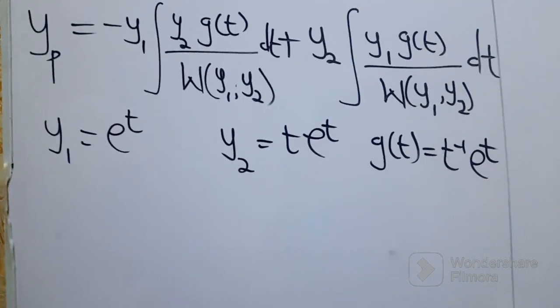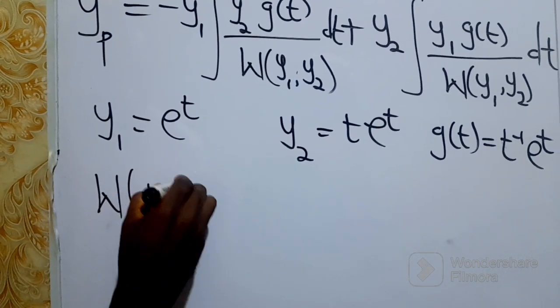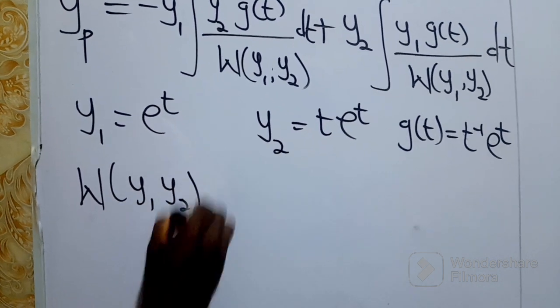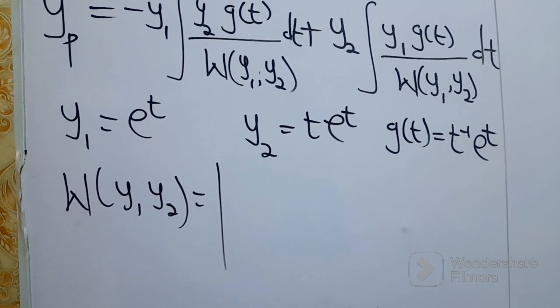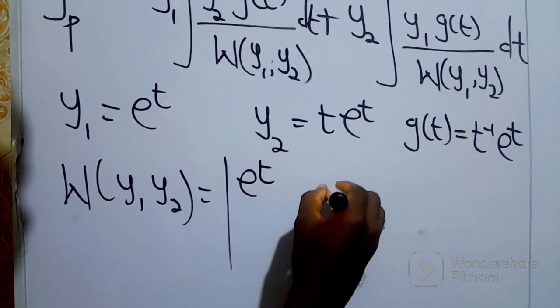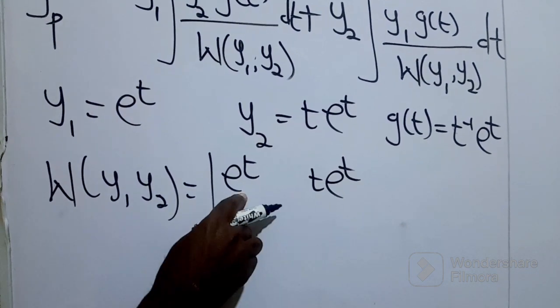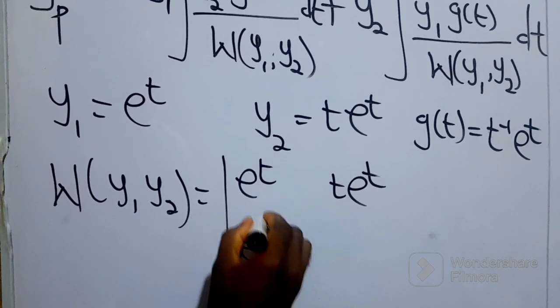So now we need to find the Wronskian. Remember, the Wronskian of y1, y2 will be equal to the determinant of y1, which is e^t, then y2, which is t e^t, and their derivatives. When we differentiate y1, we get e^t again.